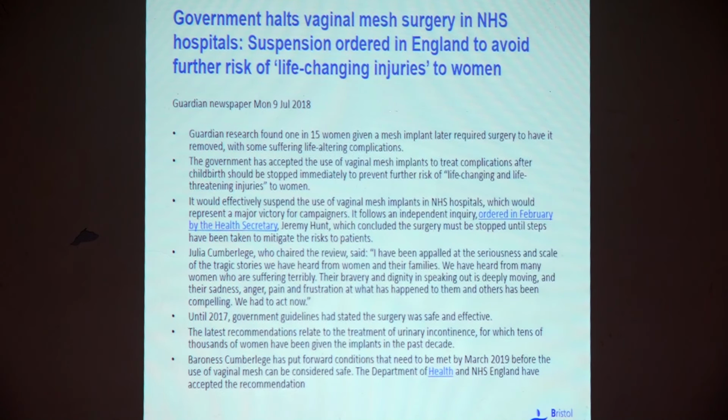So what happened next? The government ordered the halting of vaginal mesh surgery to avoid the further risk of life-changing injuries to women. The Guardian is a newspaper, and it's a reputable newspaper. It claimed to have done research to find that 1 in 15 women given a mesh implant later required surgery.